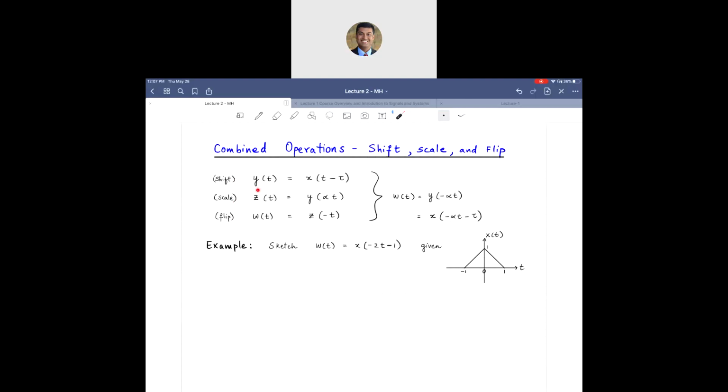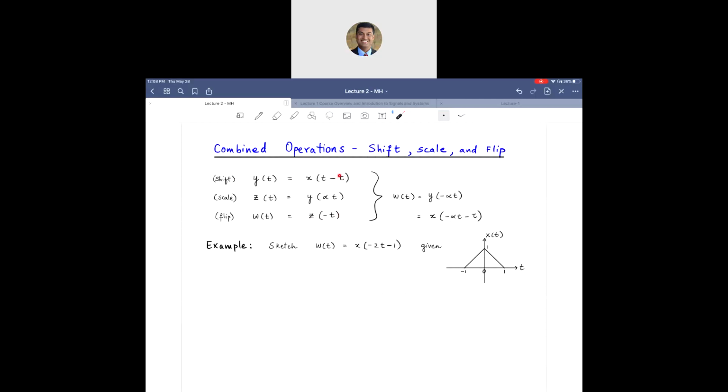So y of t is the shifted version of x of t, t minus tau. Z of t is the scaled version of y of t, y of alpha t. Alpha, again, positive number, greater than 0. Flipped version of z of t is defined as w of t. So w of t is z of minus t.